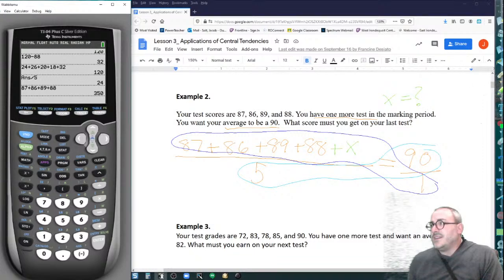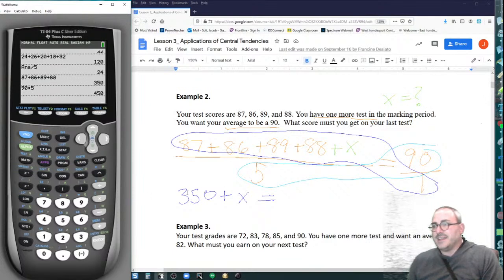So 350 plus x is going to equal whatever 90 times 5 is, right? And we're just going to let our calculator handle that, because why should we trouble our math brains that need to set problems up and think and analyze when the calculator is so much better at computation than us, and we can use our big math brains for other things.